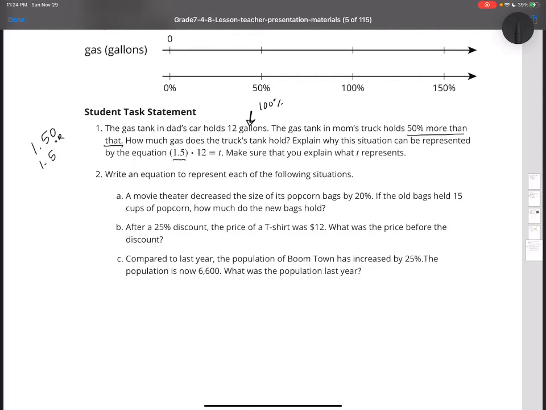Now, what's going on with this equation is that we're multiplying that percent times the original amount, which is 12. What do you think T is going to represent? What are we trying to figure out?